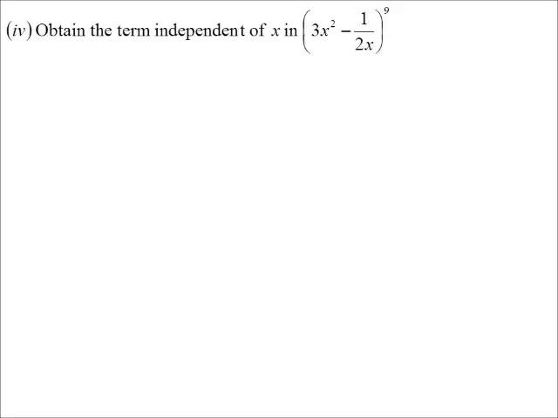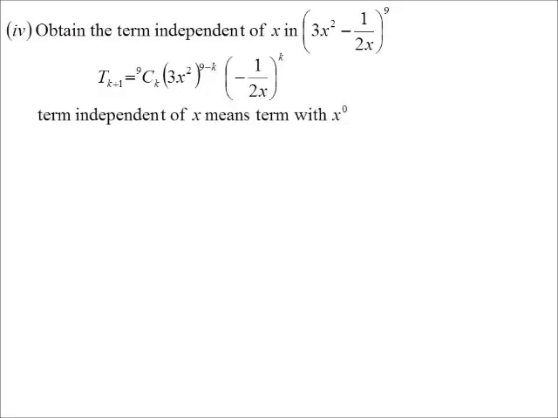This is similar to that question this morning. The way I did it was informally, but really what I was doing is looking at the general term and asking, when are the powers going to end up being x to the power of 0? So there's my general term, 9Ck, the 3x squared will be to the power of 9 minus k, the minus 1 over 2x to the power of k. But I'm only interested in the power of x for now to work out what k is.